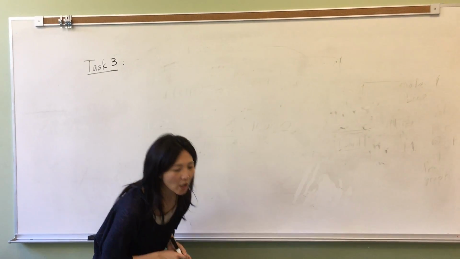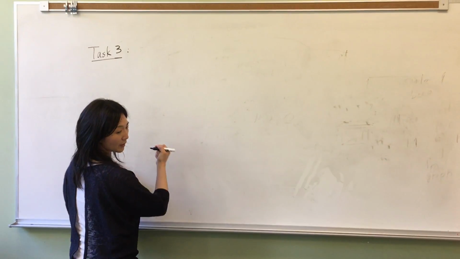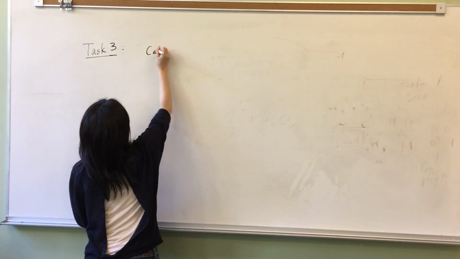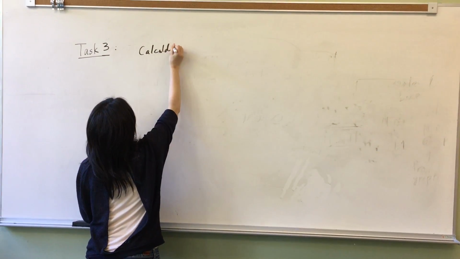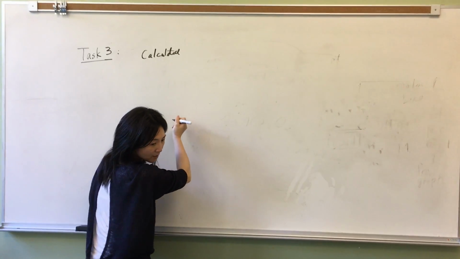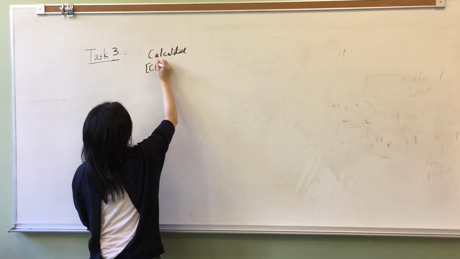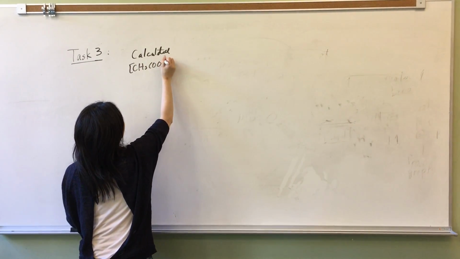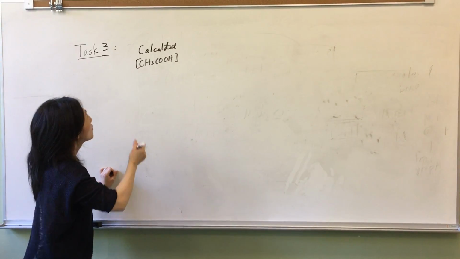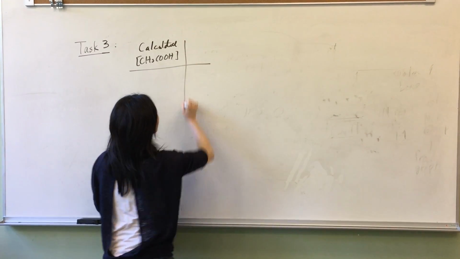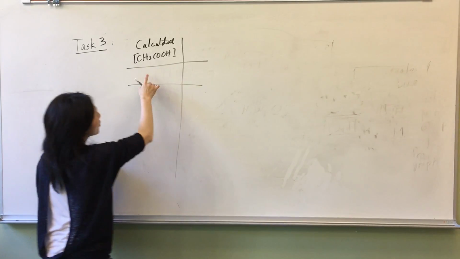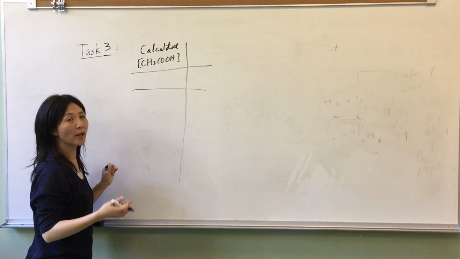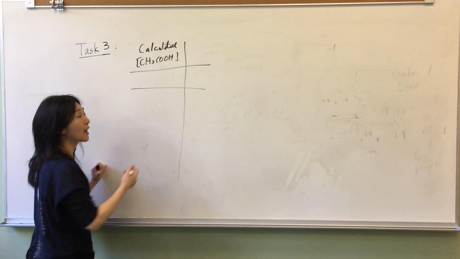So the first, you need to fill out the calculated acetic acid concentration. Most of you have done this one already, because you need to know this concentration to make solution F in task 4.